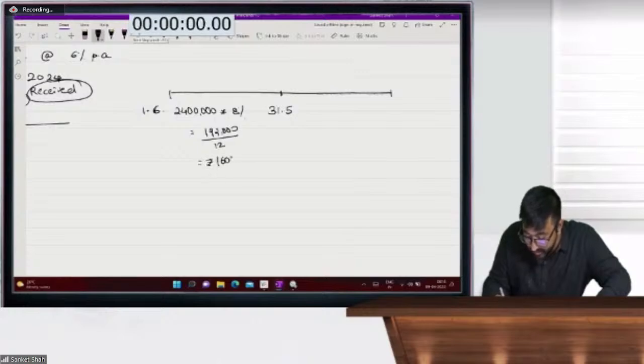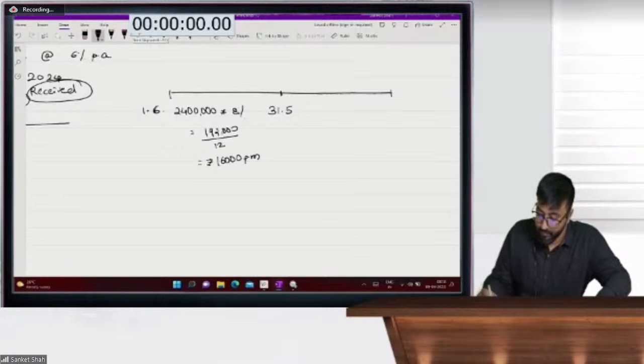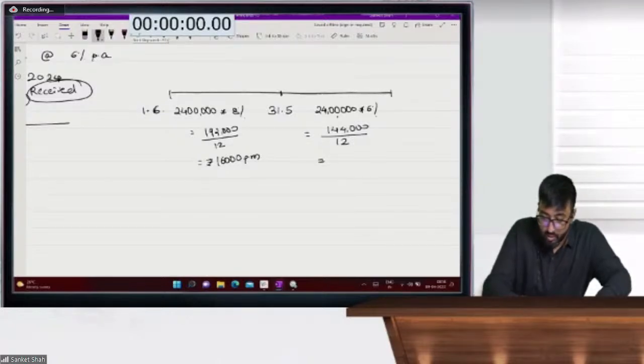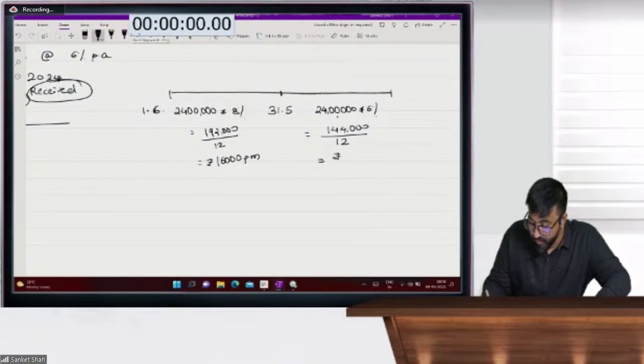Rupees 16,000 per month. And 24 lakhs into 6%, 1,44,000, divided by 12 months, so 12,000 per month.